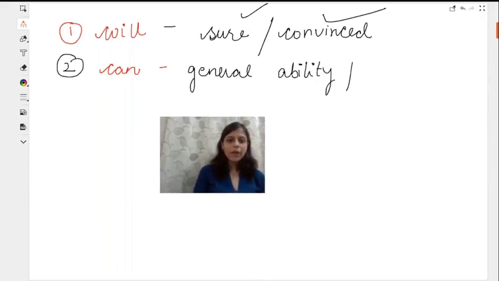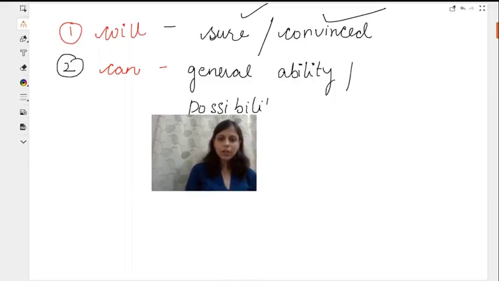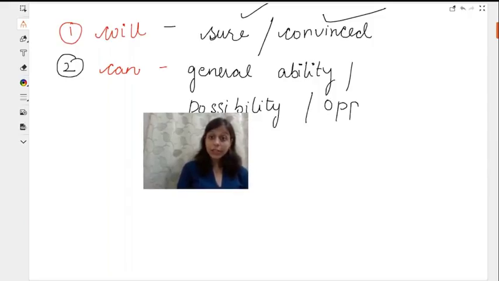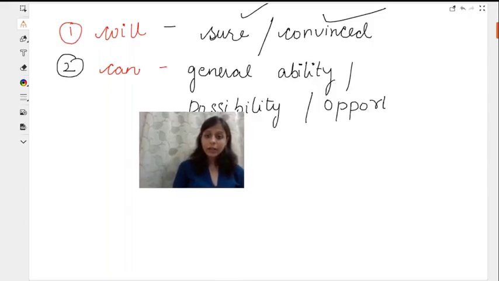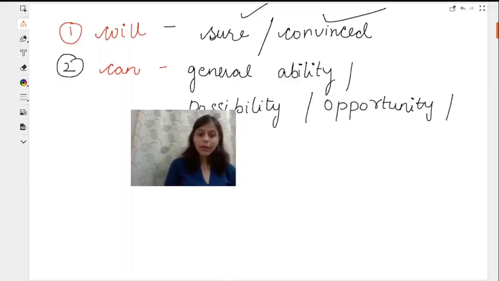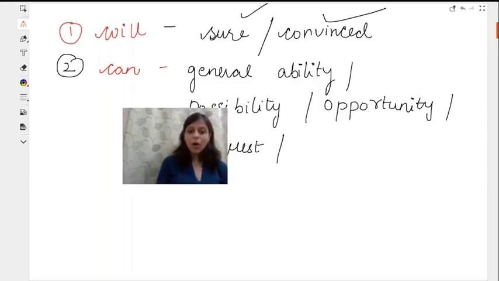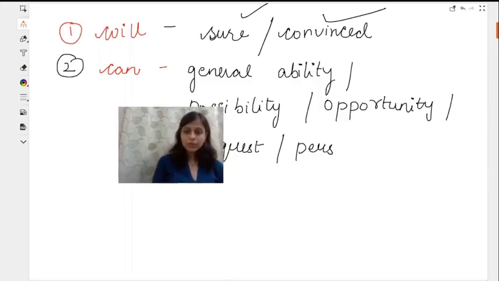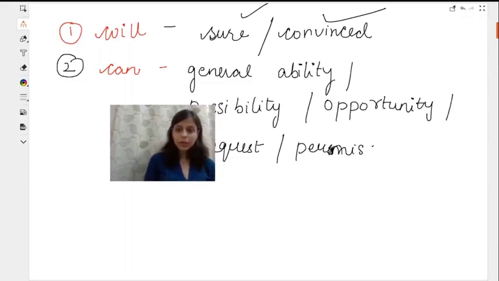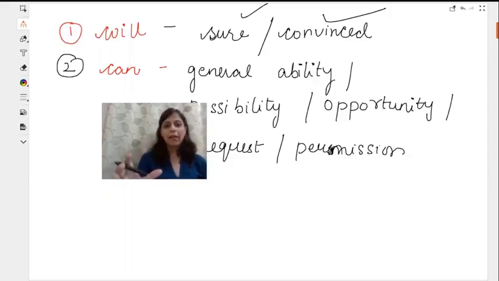Then when you have possibility, when you have an opportunity, or when you want to make a request, or get permission, these are all the cases where I use the modal can.